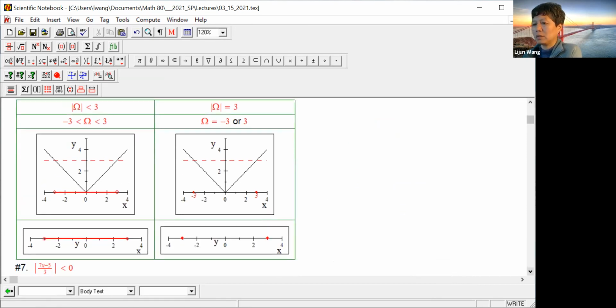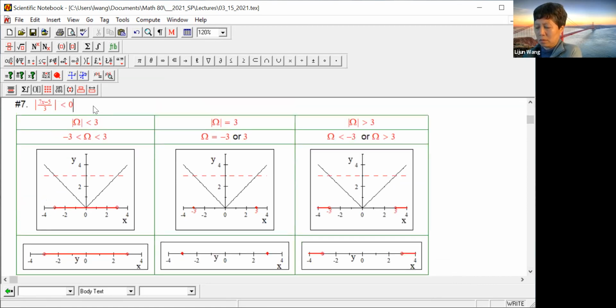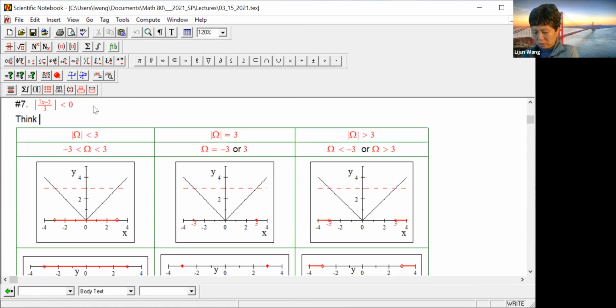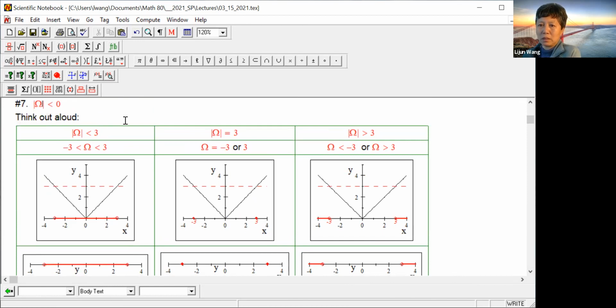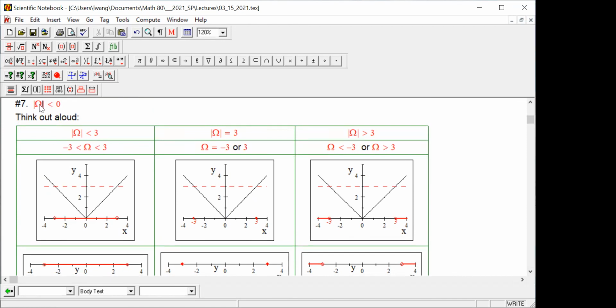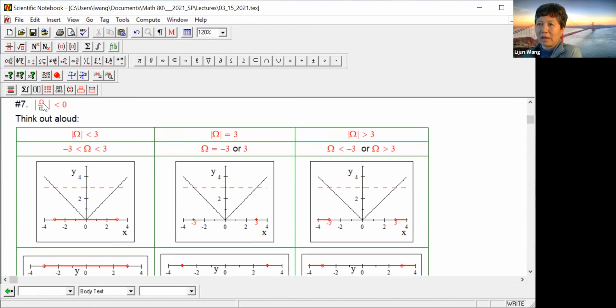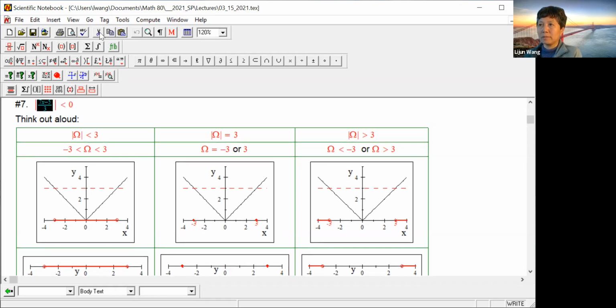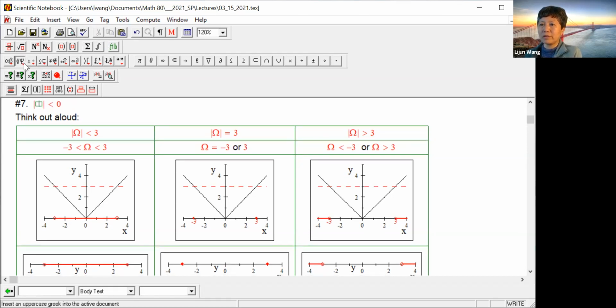If you think out loud, you try to make sense out of this question, you have a number here. So you can think of this as a number, right? Of course, that number is in that fraction form, 7x minus 5 over 3. So you think of this as omega.